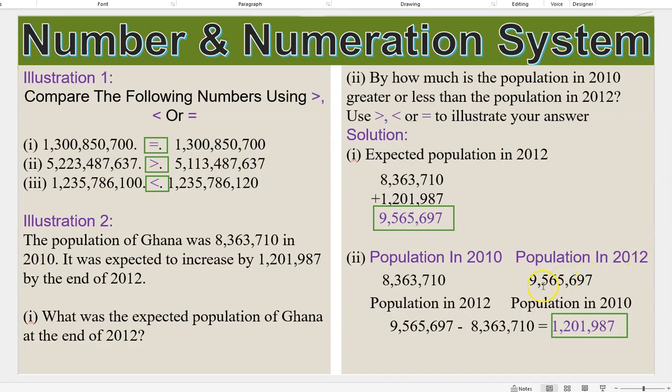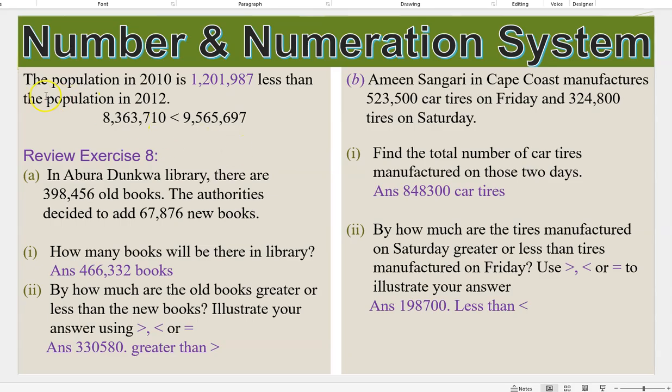What is the difference? So we are going to find the difference. So when we find the difference, we get 1,201,987. Therefore, the population in 2010 is 1,201,987 less than the population in 2012.